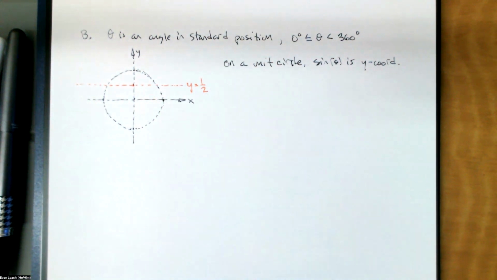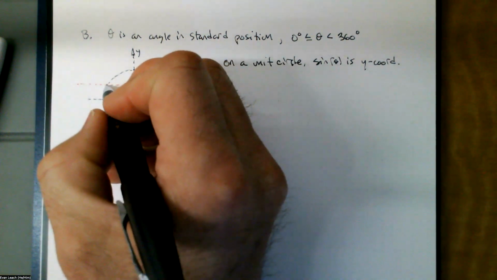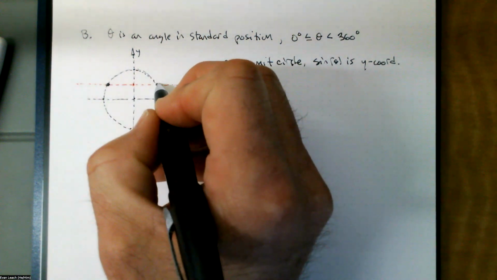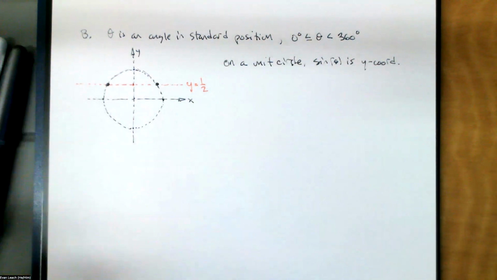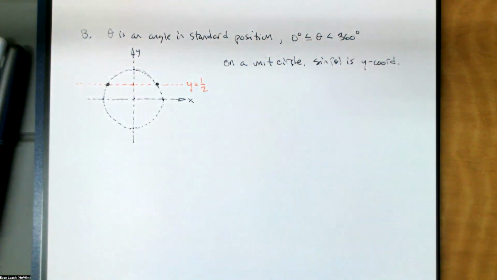There are two places on the unit circle where y is equal to 1/2: a place in the first quadrant and a place in the second quadrant. It makes sense that it happened in the first and second quadrants, because those are where y is positive, and therefore where sine is positive.